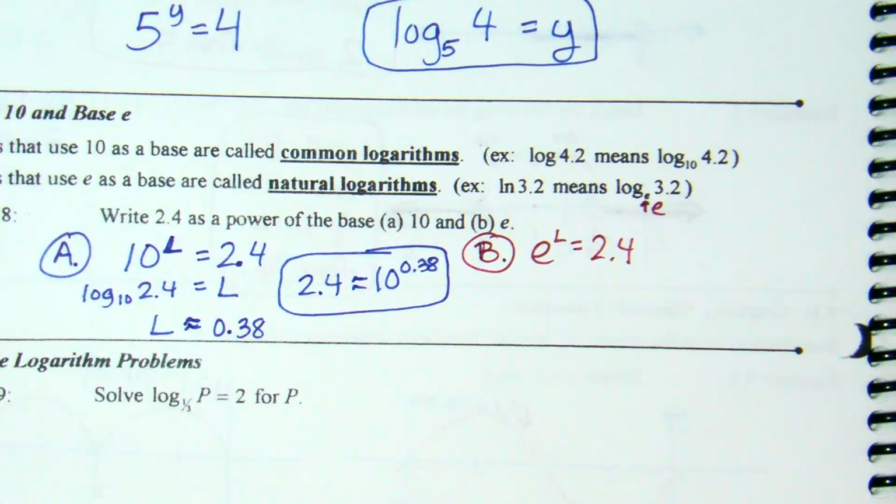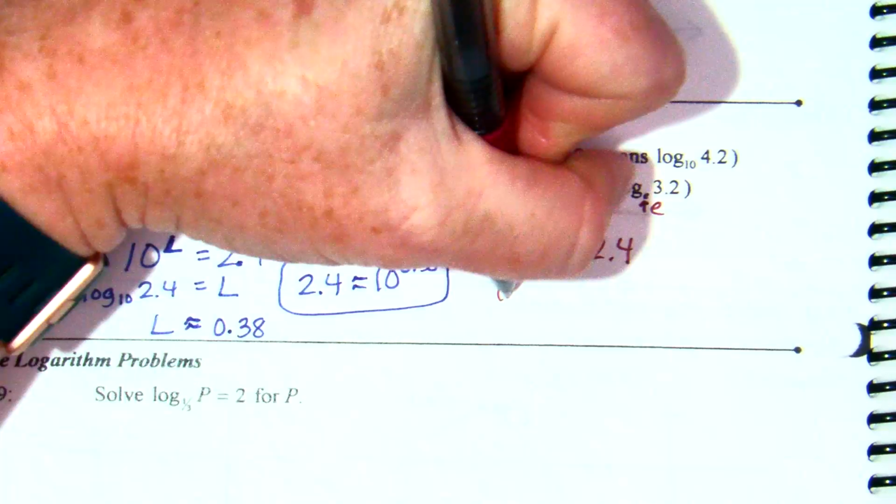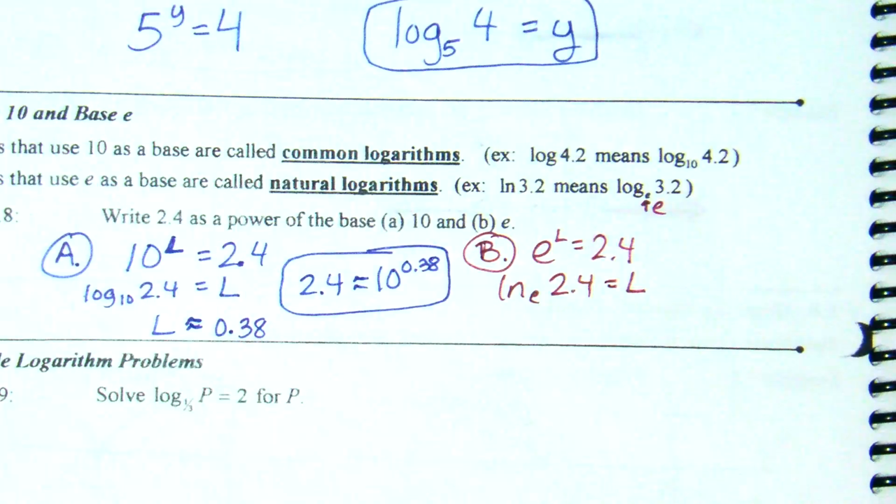Undo your left, right, middle. Now, you can write log of base E of 2.4, but really better to say natural log. Natural log, which is base E, of 2.4 equals L.